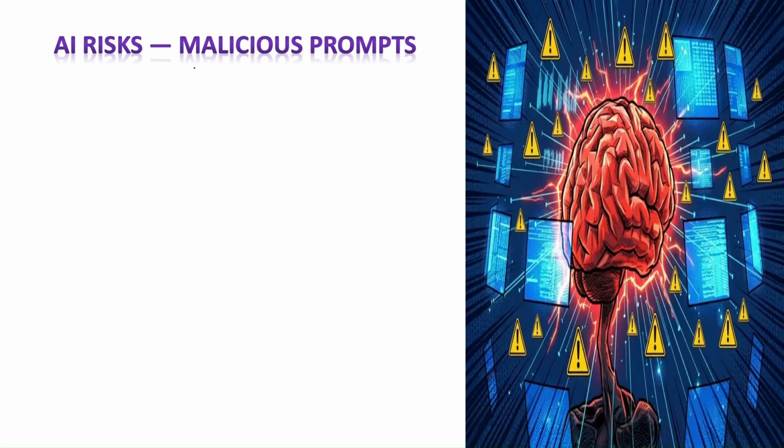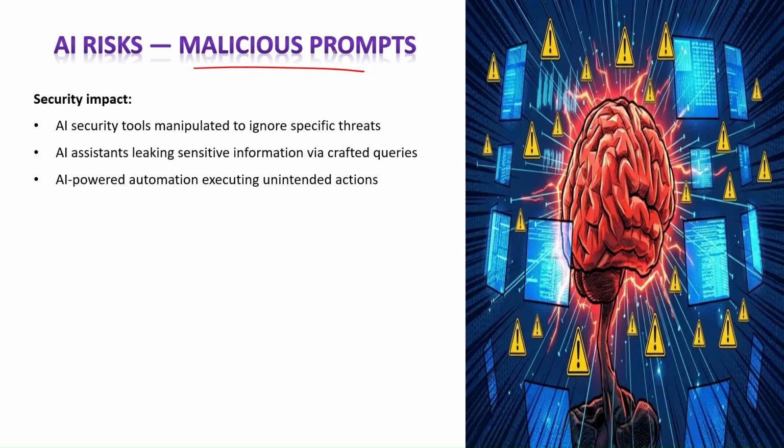The next AI risk is malicious prompts. Malicious prompt security impacts include AI security tools manipulated to ignore specific threats, AI assistants leaking sensitive information via crafted queries, and AI-powered automation executing unintended actions.